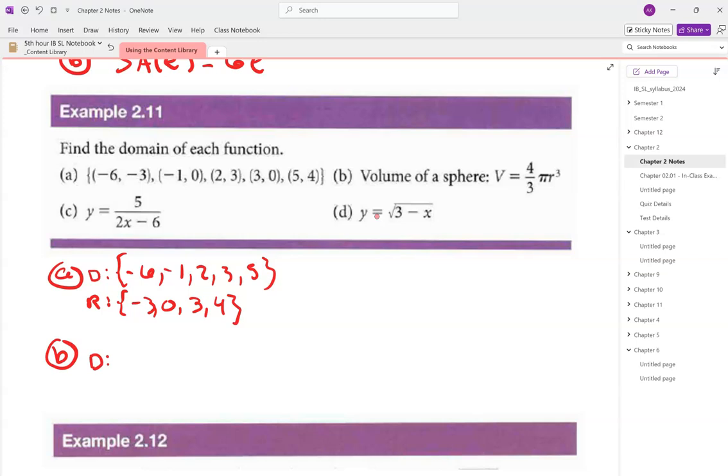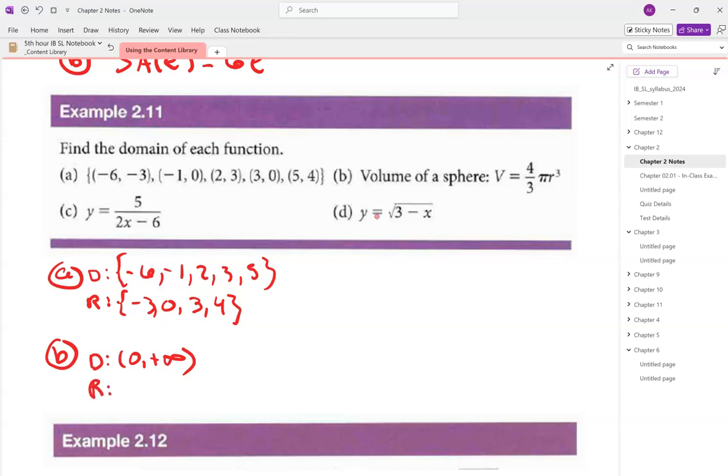Can it be negative? Does that make any sense to have a negative radius for a sphere? Okay. No. Can it be 0? No. I would say no is fine. Can it be any positive number? Okay, so what should my domain be? 0 to positive infinity, but not including 0. So I use the parenthesis.